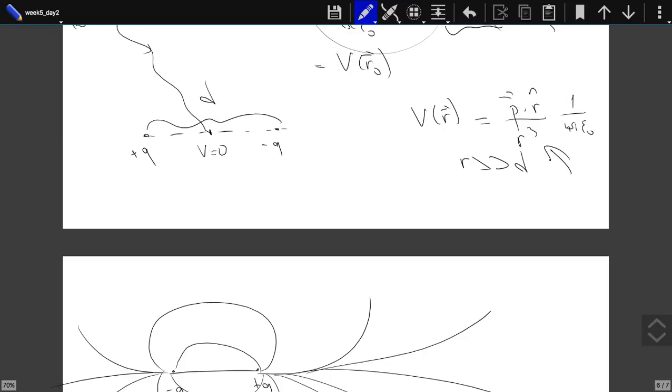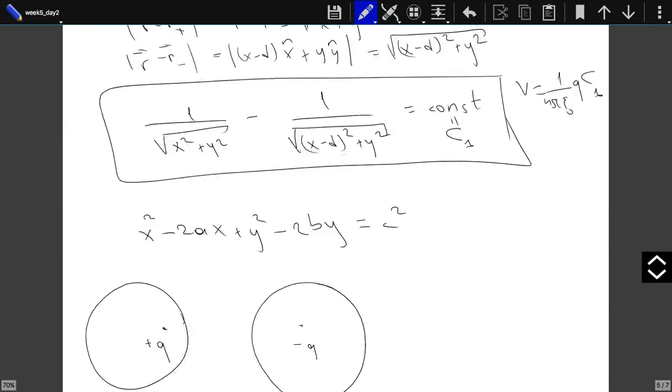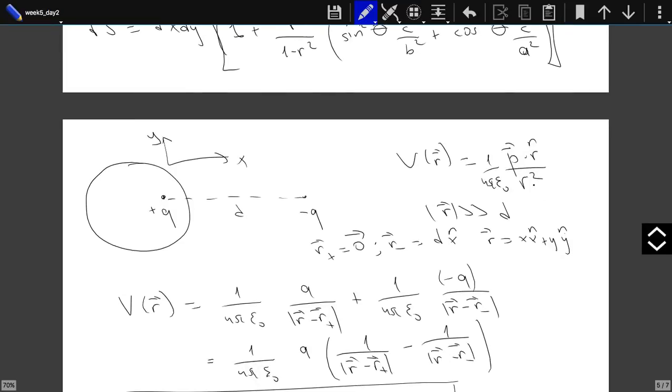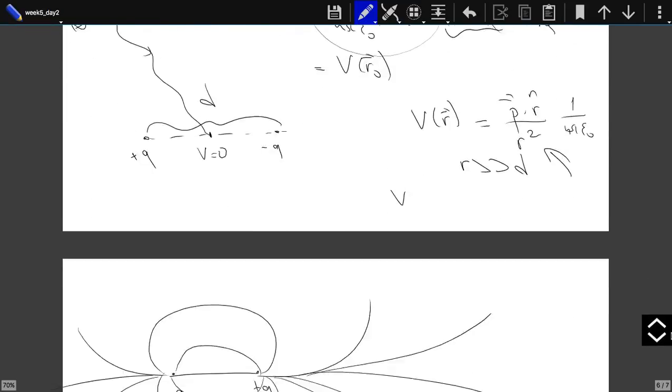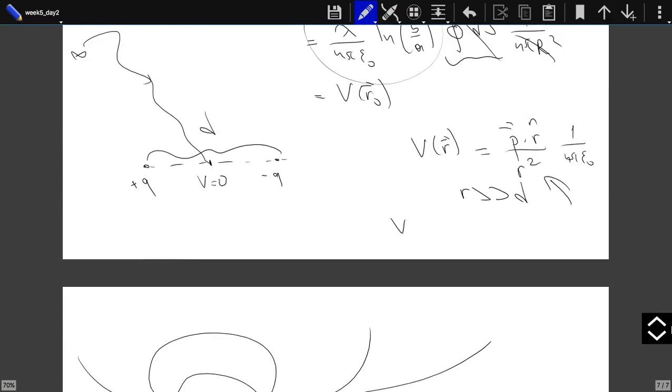Of course, if you go to infinity, you won't see anything. But even if there is a net charge, you won't see anything. And compared to, let's say, the potential of a point charge, well, I think this was squared, right? Not cubed. So compared for a point charge, this is the dipole.